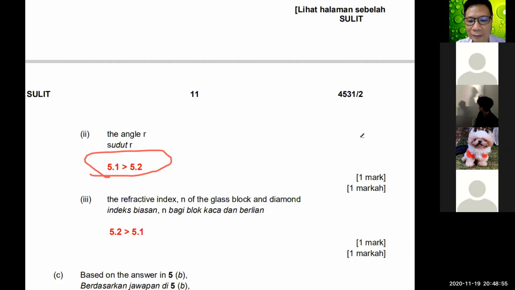So how? The higher the density, when the density is higher, then what happens? The higher, the bigger the refractive index. Yes, correct. Okay, thank you, Kirtana.